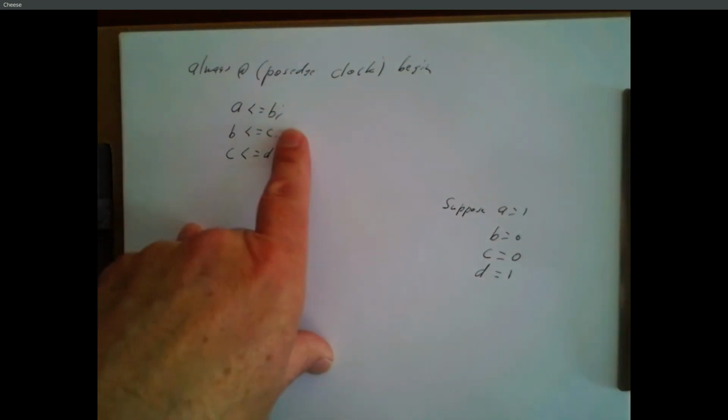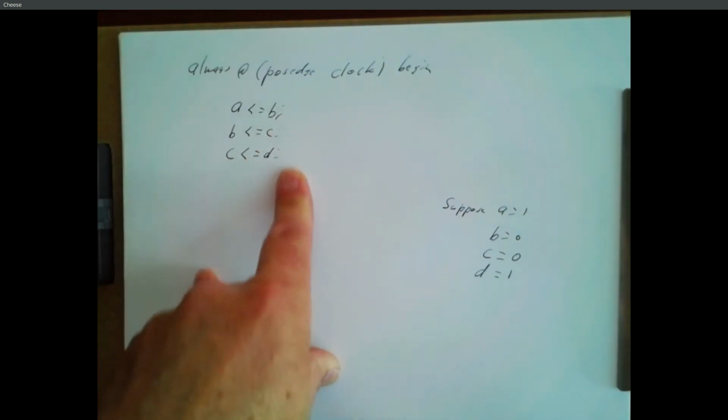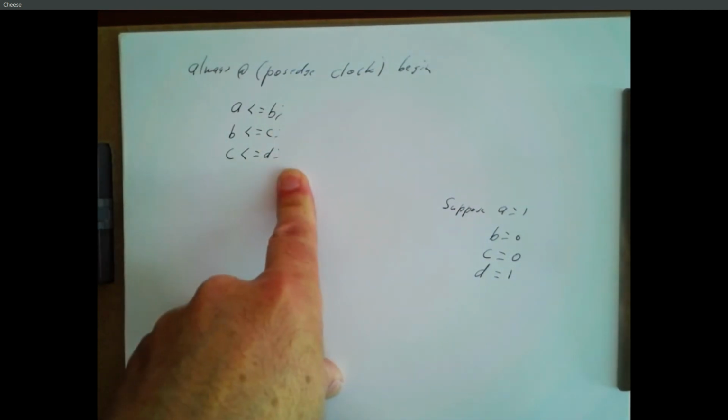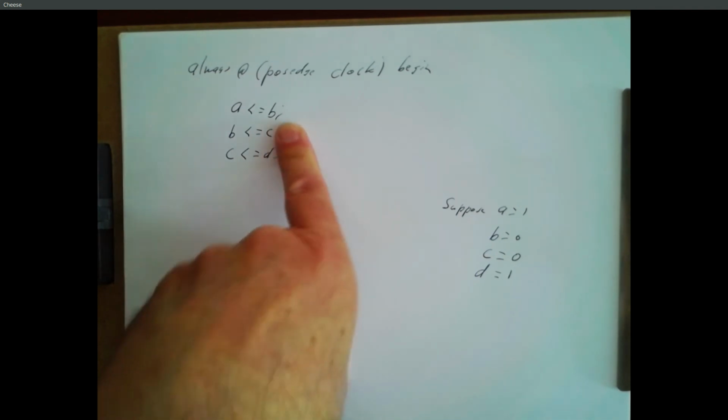So what's going to happen to the values of A, B, and C after this block of code executes? That's a misuse of the term because it's not a program, but you know what I mean.